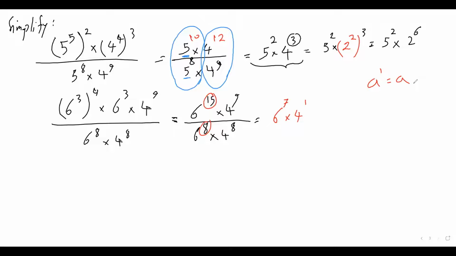So that's it. And again, if you want to simplify it further, split this 6 into 2 and 3, but don't forget the index belongs to both. And also rewrite 4 as 2 to the power of 2. The final answer would be 2 to the power of 9 times 3 to the power of 7.